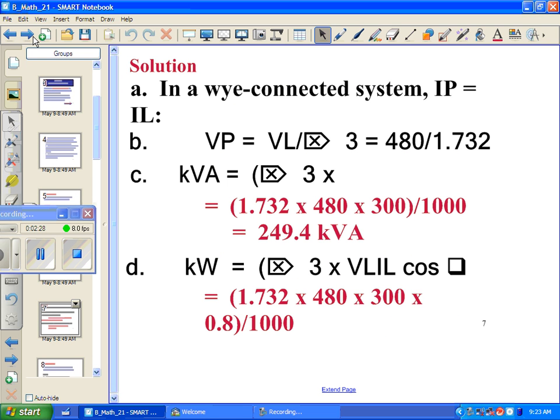And the solution is, in a Y-connected system, I'm thinking that phase current is equal to line current. And that's true. Phase current and line current in a Y are the same. It's really hard for me to see V, and that's confusing.